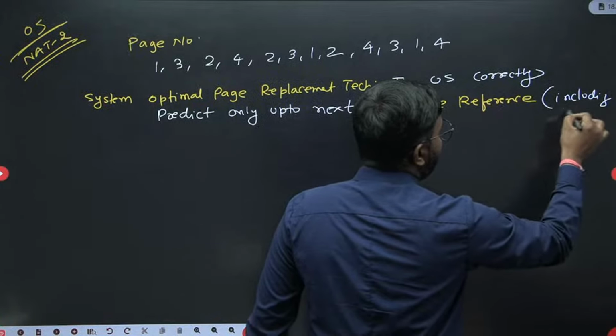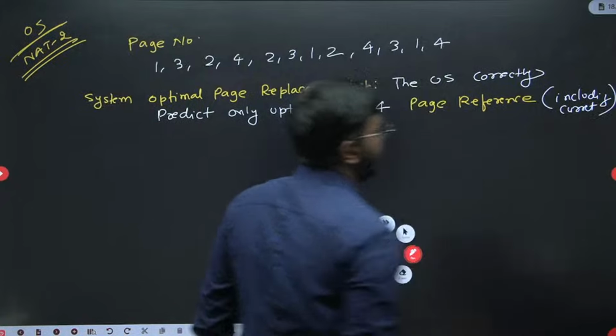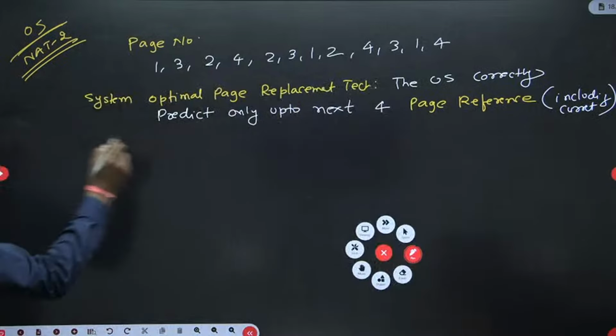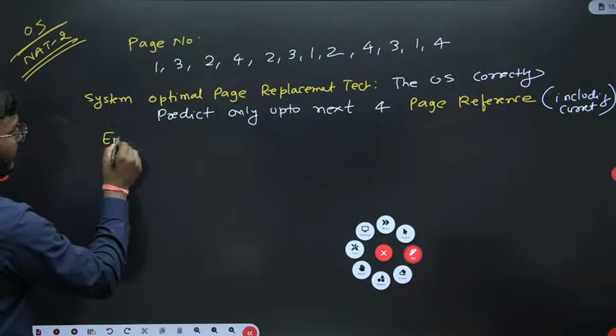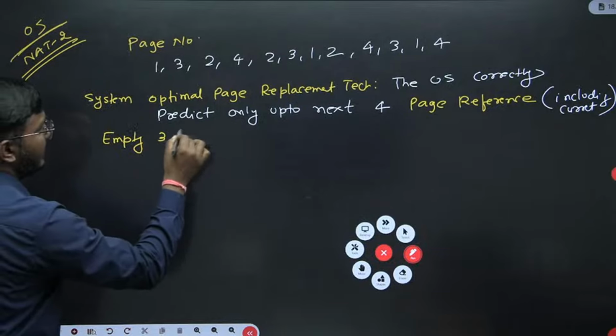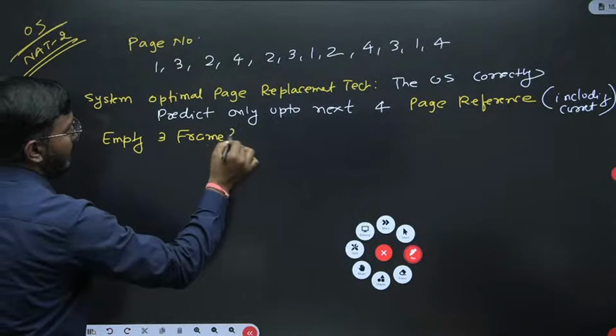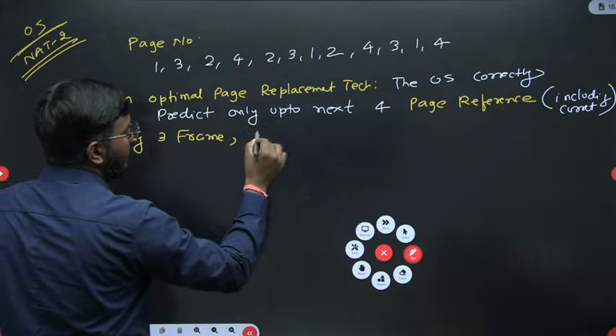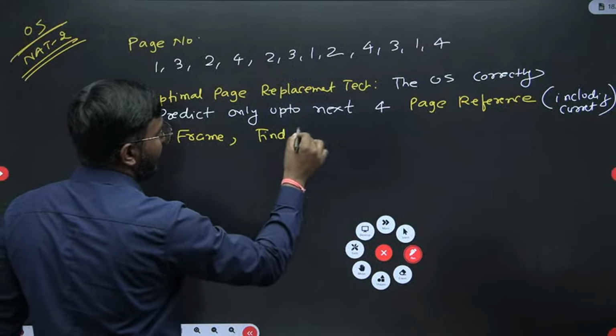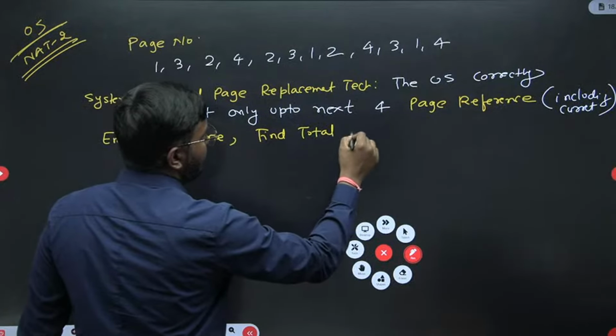This was the complete question. If we have 3 empty frames, then find the total page faults.